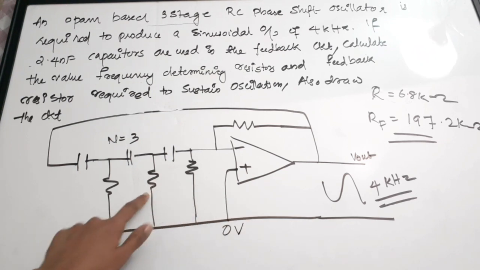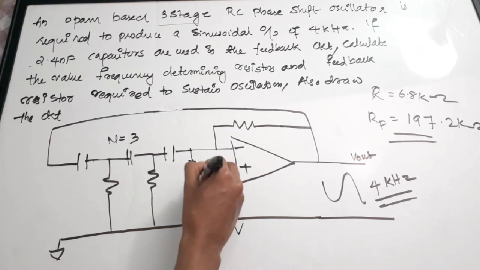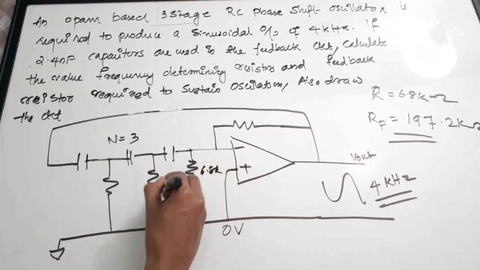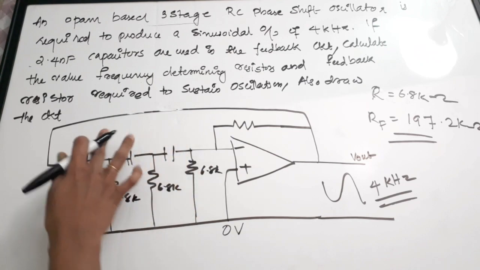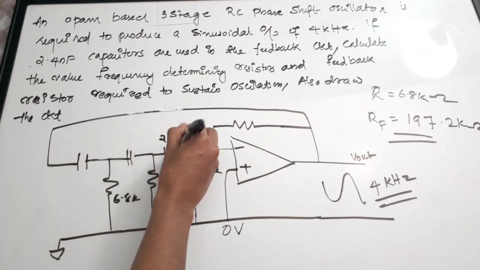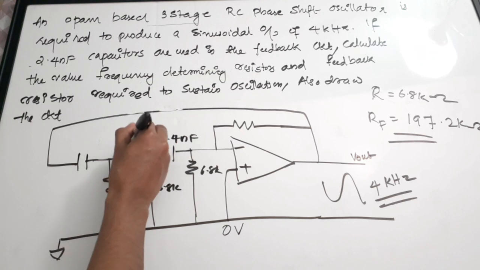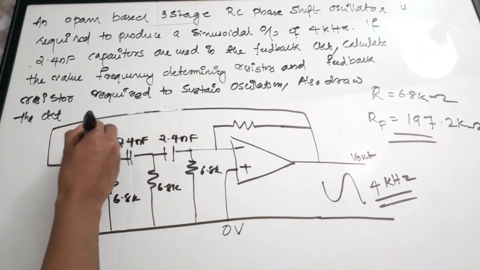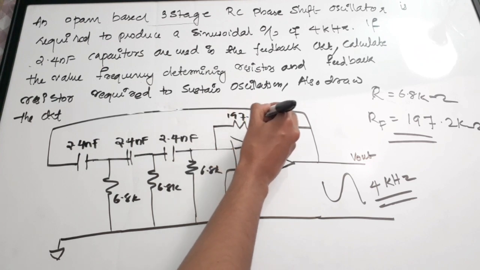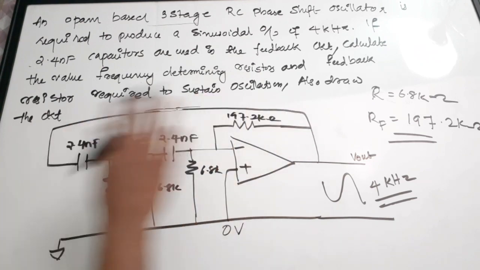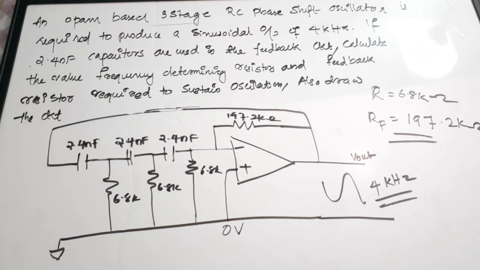Now these resistors have value 6.8K, here also 6.8K, here also 6.8K. These values of C are 2.4 nanofarads, 2.4 and 2.4 nanofarads. This value is 197.2K ohms.